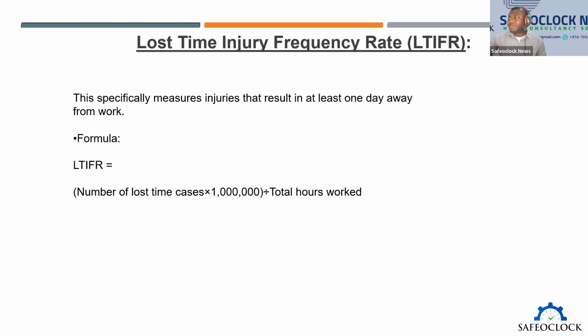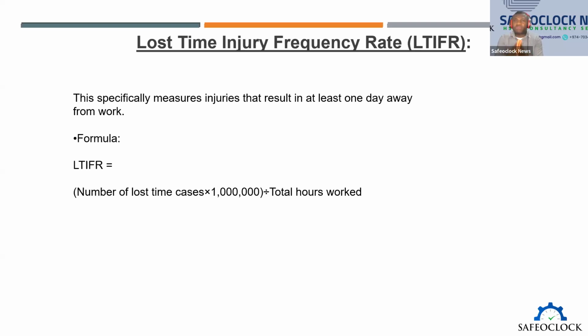So the other factor that is calculated is known as lost time injury frequency rate. The lost time injury frequency rate is a measure of the injuries that result in at least 1 day away from work. So we are trying to measure how often injuries that led to 1 day away from work occurred.